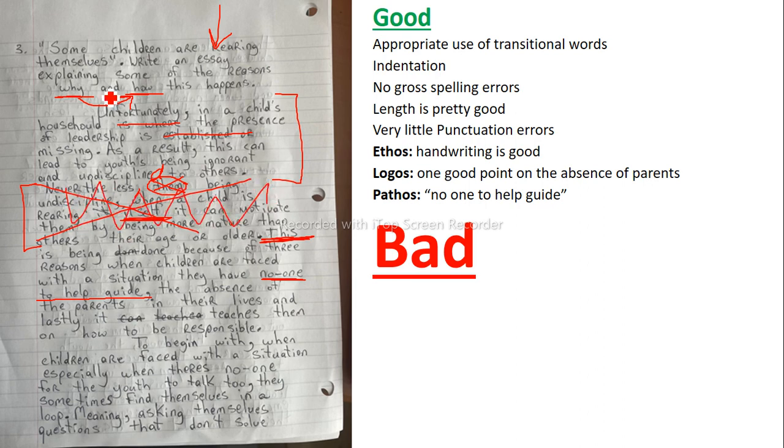So that started from, "Unfortunately, in a child's household, the presence of leadership is missing." Perfect. "As a result, this can lead to youths being ignorant and undisciplined to others." Right? Perfect.